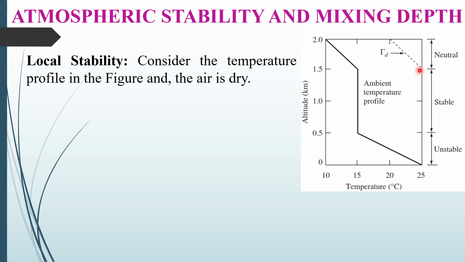So this is the dry adiabatic lapse rate, that is 10 degree centigrade per kilometer. Here you can see that it is 20 and 25, so 5 degree centigrade in 0.5 kilometers. So this is the representation of dry adiabatic lapse rate.